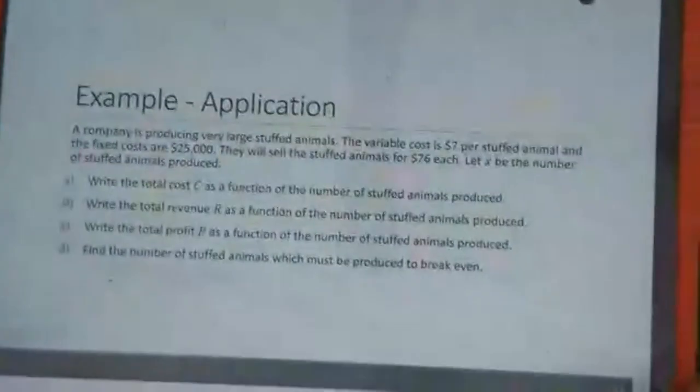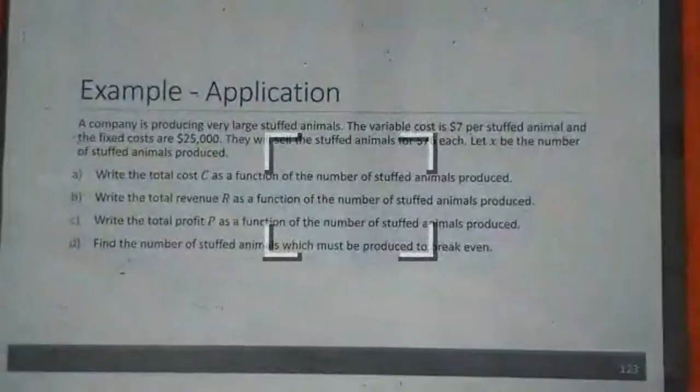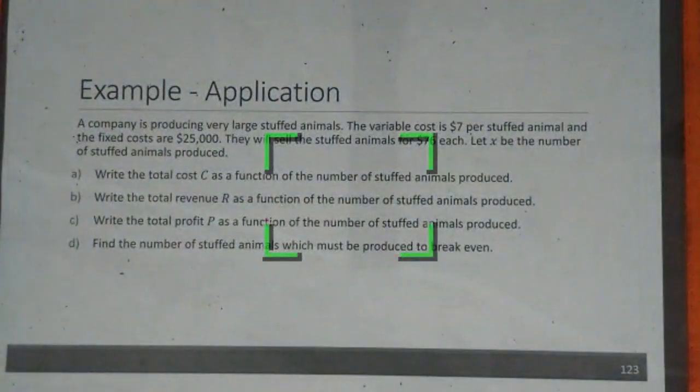All right, last problem. A company is producing very large stuffed animals. The variable cost is $7 per stuffed animal, and the fixed costs are $25,000. They will sell the stuffed animals for $76 each. Let X be the number of stuffed animals produced. Write the total cost C as a function of the number of stuffed animals produced.